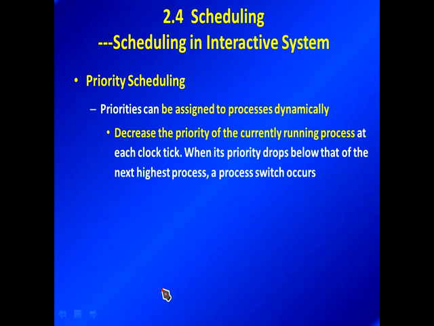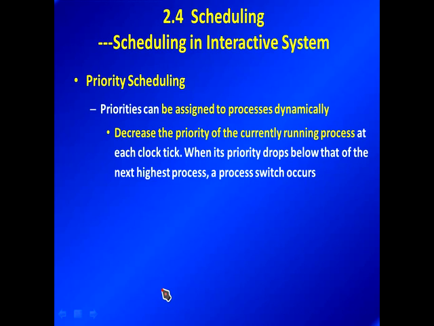So it means the priorities of the processes in the system can be changed dynamically all the time. So it's very important to decide how to change the priorities, right?